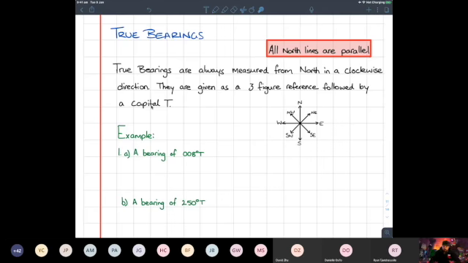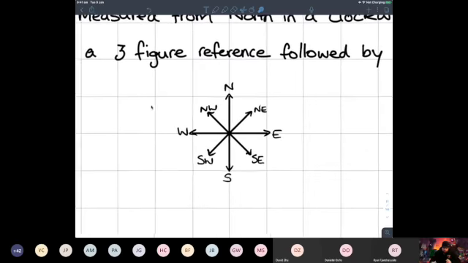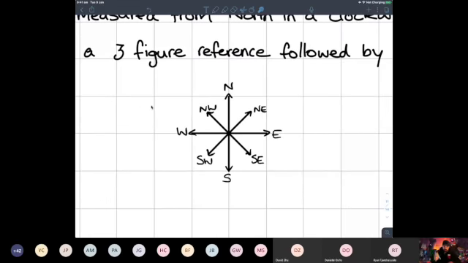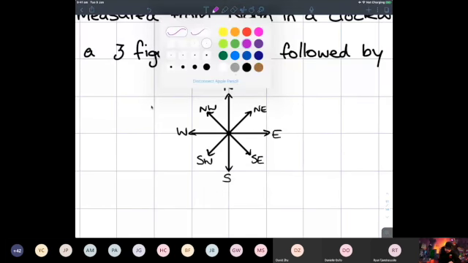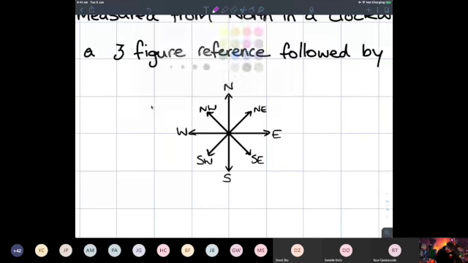And what I just want to zoom in on at the moment is that sometimes thinking about a compass rose helps us. Let's make my pen a bit smaller. We know that east is 90 degrees clockwise from north. We know that south is 180 degrees clockwise from north. And we know west is 270 degrees clockwise from north.